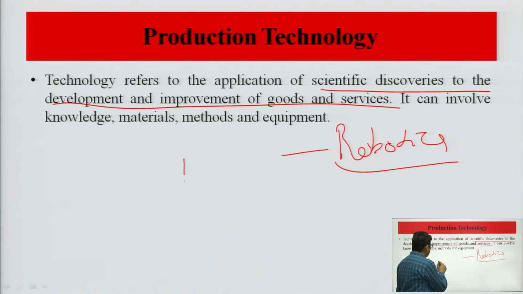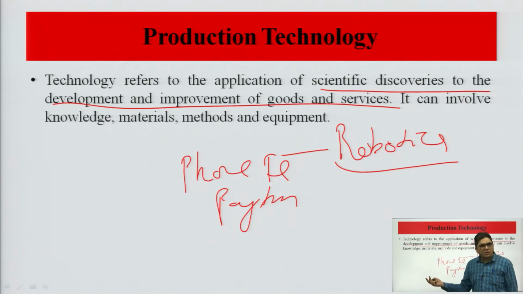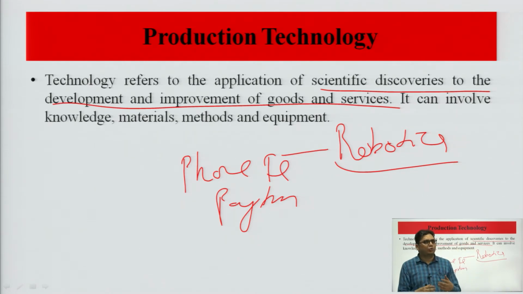Whether it is PhonePe or Paytm or any fintech or other organization, they are using advanced technologies and trying to give the best services to their clients. Similarly, in the retail industry, with the help of certain technology, they are trying to track how many people come and go, and measure the footfall within their retail outlet.